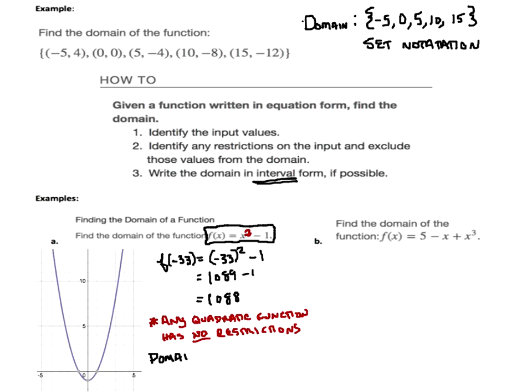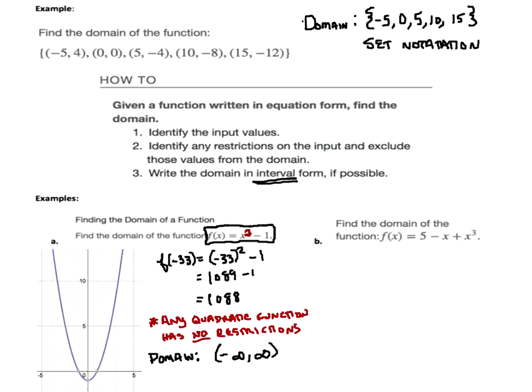So the domain for any quadratic function goes all the way from -infinity to +infinity. Notice I use parentheses with both of those because you never include infinity, and I represented my lesser number on the left separated by a comma with my greater number on the right.